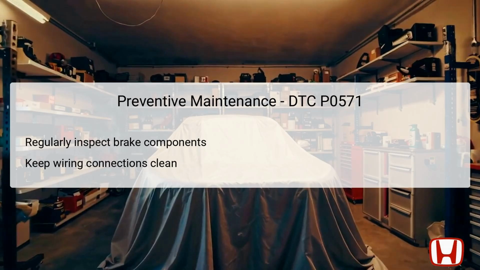It's also advisable to ensure that all electrical connections are clean and secure, as any corrosion can lead to intermittent failures that manifest as DTCs. Regular troubleshooting and maintenance checks, particularly related to brake systems, can enhance vehicle safety and longevity. Keeping a log of inspections can help track any developments over time, ensuring that timely repairs are implemented before they evolve into more significant issues.